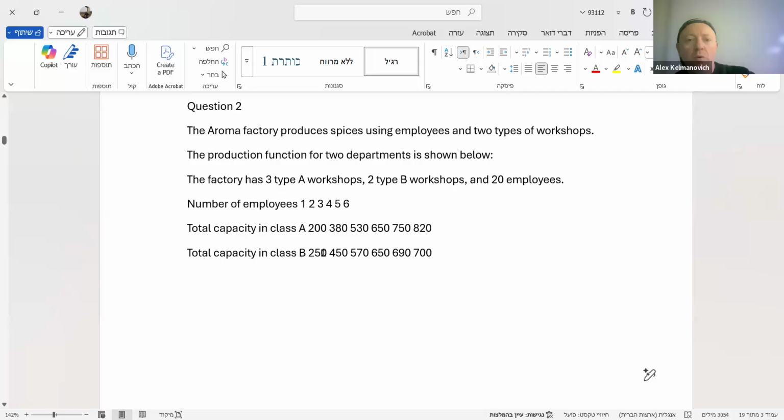Okay. So here we have again two types of workshops, but it doesn't matter. It could be fields, it could be workshops. It doesn't matter. It's the same calculation.